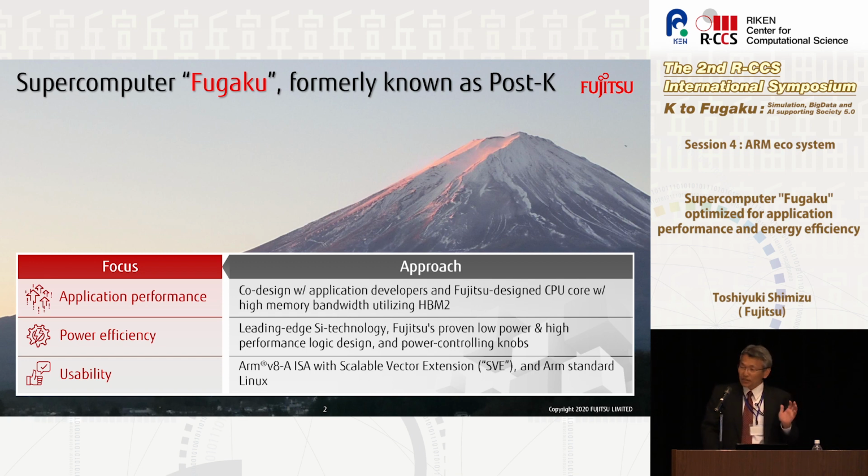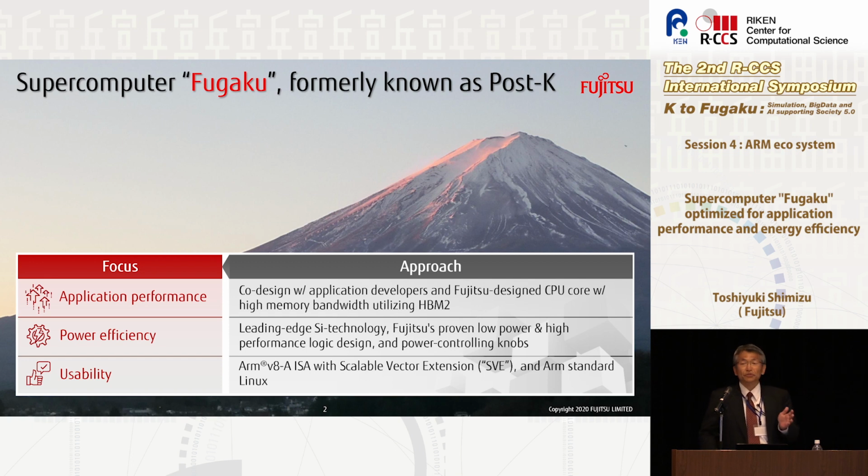For good power efficiency, we use leading-edge silicon technologies and our proven high performance and low power logic designs. And we also support power controlling knobs. For good usability, we decided to use ARM instruction set architecture.